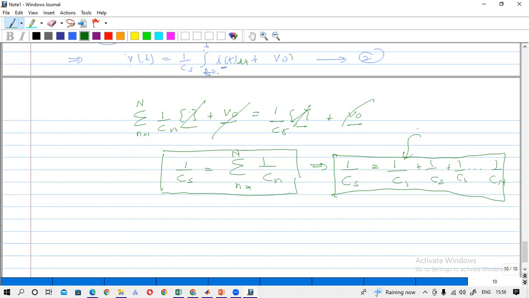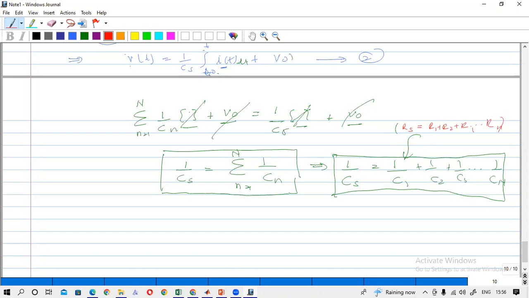But if we serially connect resistors, we get R serial equal to R1 plus R2 plus R3 up to Rn. But here we have the reciprocal, 1 by value, just as in parallel resistors.